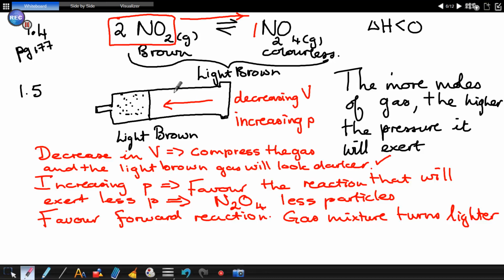So your brown gas will turn into colorless gas. After it went darker brown, it will go lighter brown, because more of the colorless gas is formed, and the colorless gas exerts less pressure.